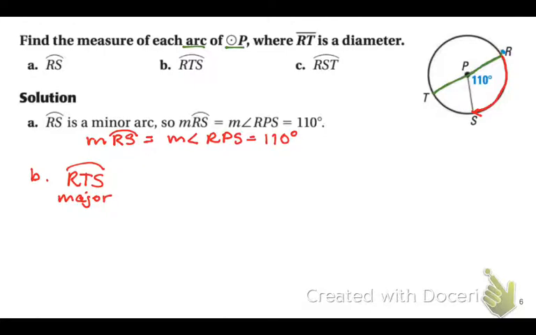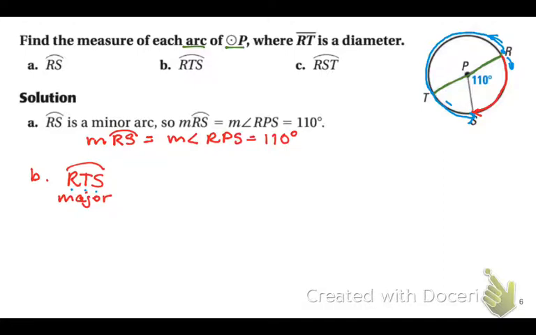Do I go this way or this way around the circle? These three letters give me a clue because they are in order. So I have to go from R to T to S. This is my major arc RTS.